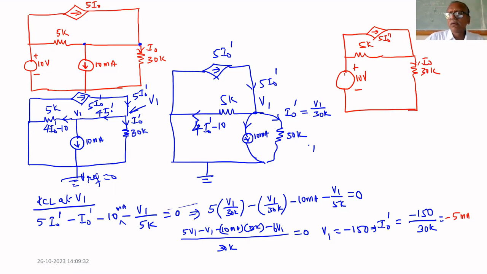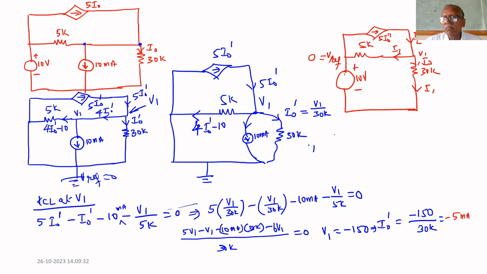Again, let us assume V1. Let us write the node equation. Let it be V1, and V reference equal to 0. Let the currents through these be I1, I2, I3.